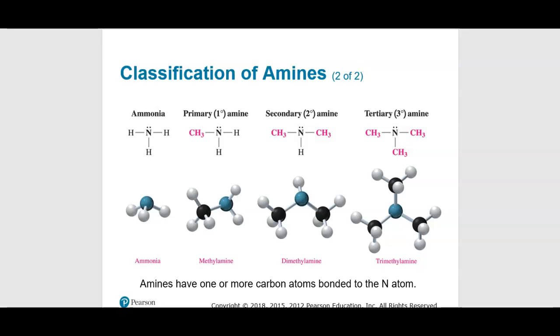And here's some drawings, a sort of model of these structures which you just saw. Ammonia doesn't have any carbon groups on it. And then you have methylamine, dimethylamine, and trimethylamine. So amines have one or more carbon atoms bonded to the nitrogen atom.